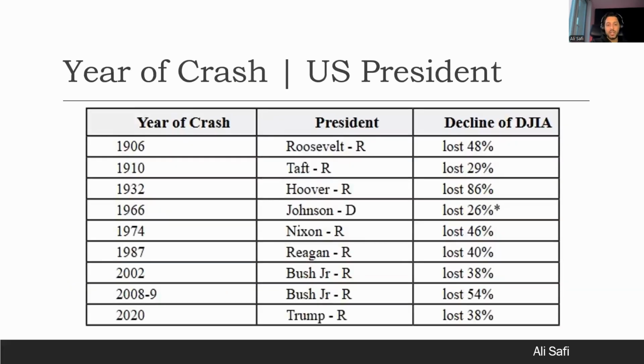All right, so this is another interesting table. Year of crash, based on who is in the administration. As you see here, most crashes happened during Republicans. The last one was a Republican president in the administration, Donald Trump. Who is the president for the next 4 years? Another Republican, Donald Trump is coming again.